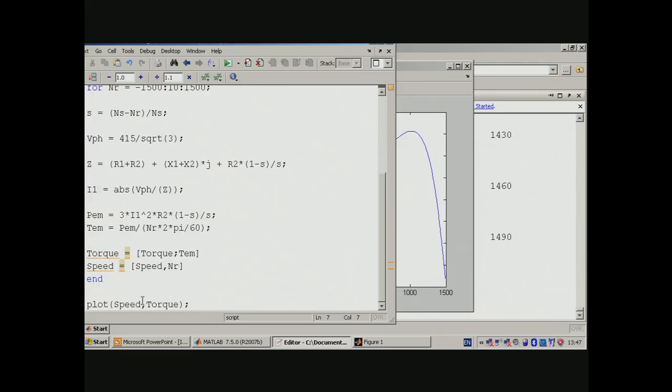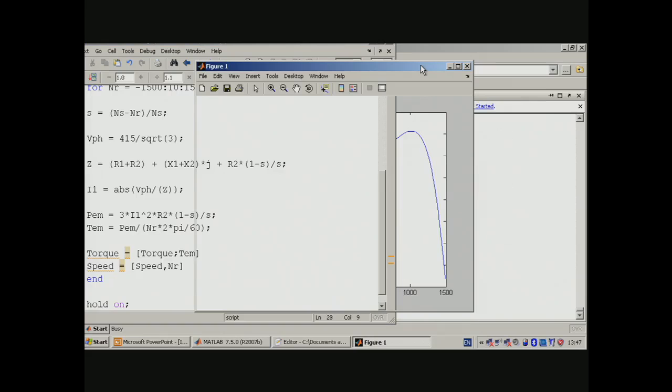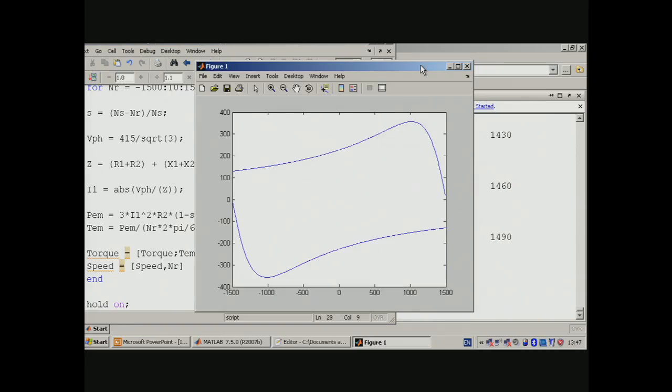Then your torque-speed profile will be similar to the one I drew earlier. So this is for the ABC phase sequence, and this one will be for the ACB phase sequence. So this is four quadrants.